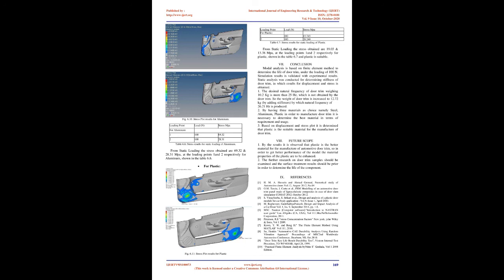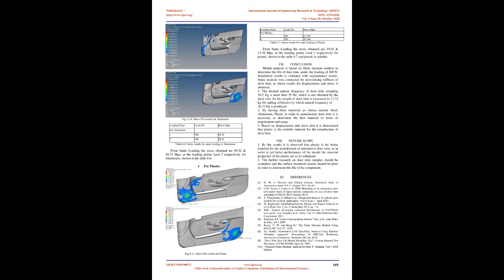Loading point, load in N, stress in MPa. From static loading the stress obtained are 69.32 and 28.31 MPa, at the loading points 1A and D2 respectively for steel, shown in table 6.5.